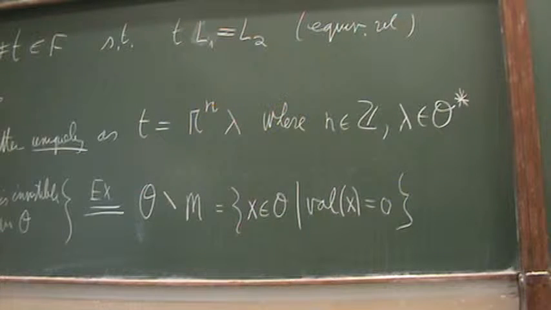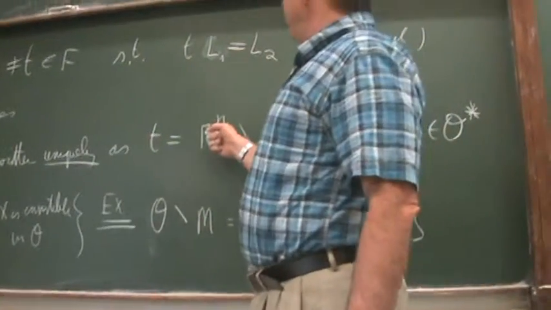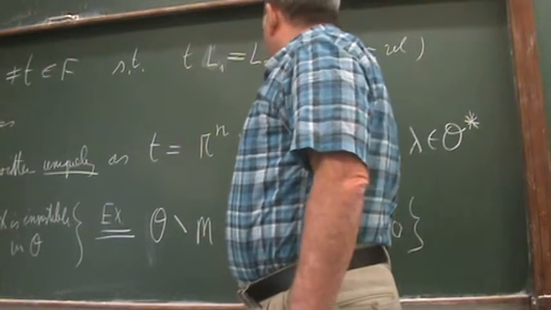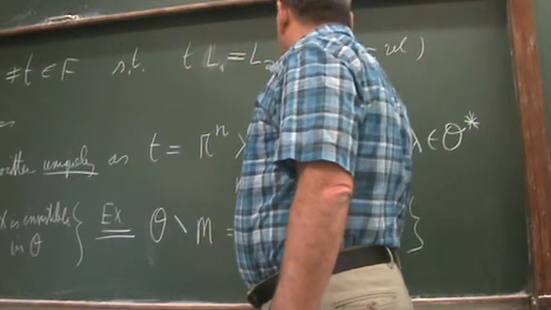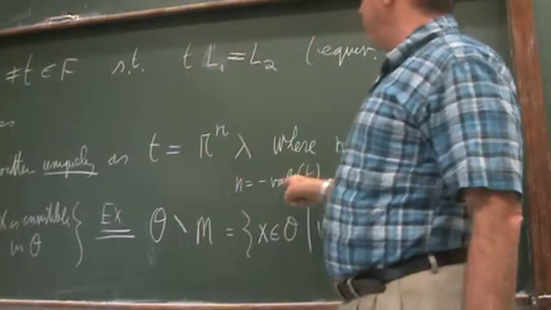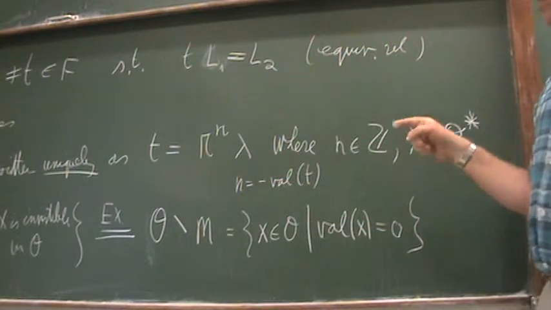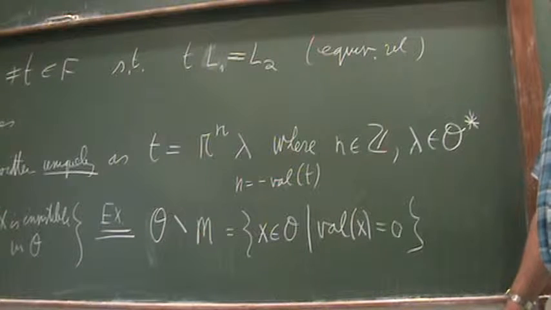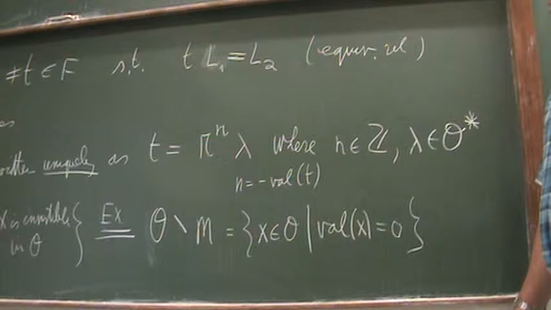So what happened is that we take the valuation and we multiply by pi to the minus the valuation.